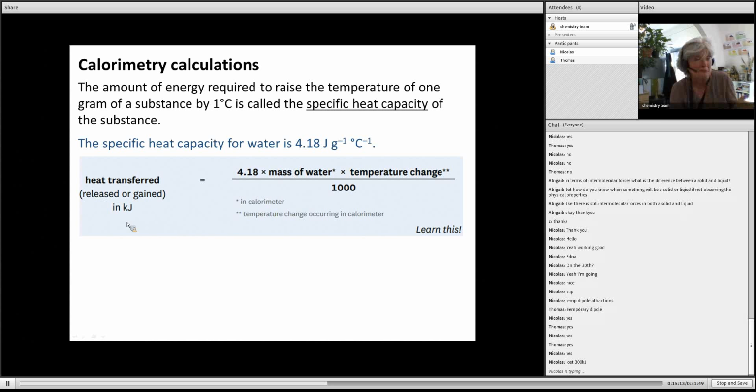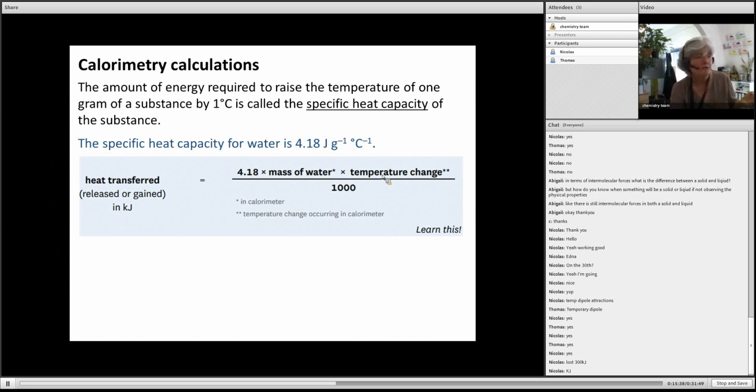I want kilojoules, okay? So in order to make sure that the per gram gets cancelled out over here, I must multiply by grams. In order for my per degree centigrade to get cancelled out, I must multiply by a temperature.